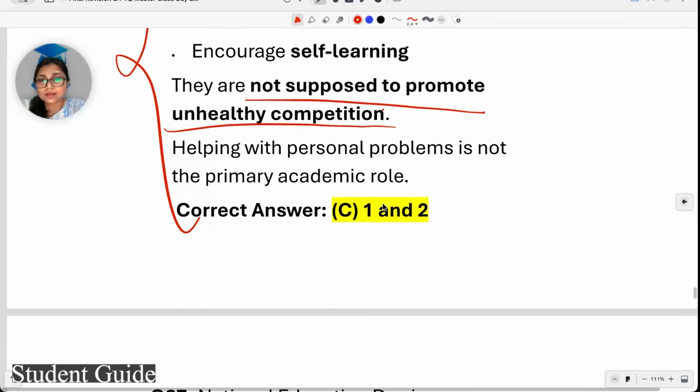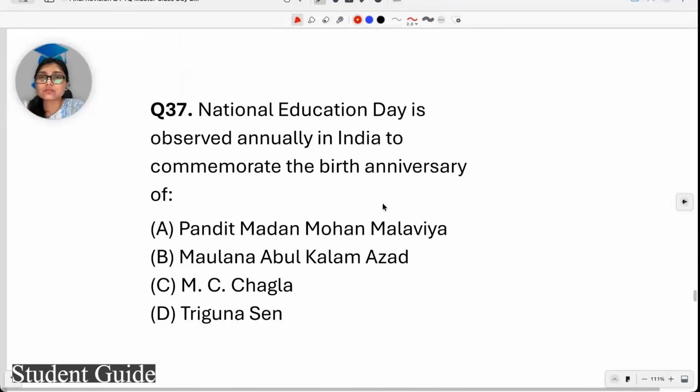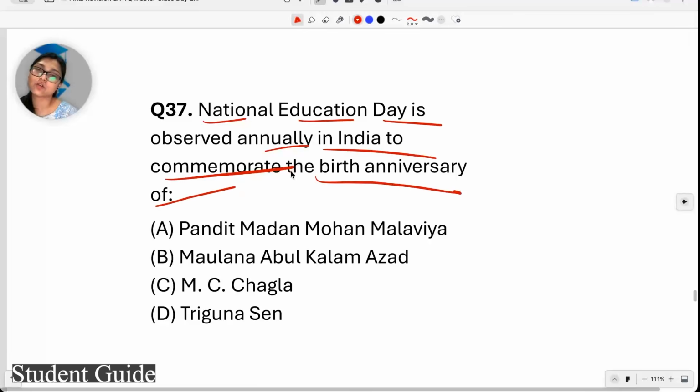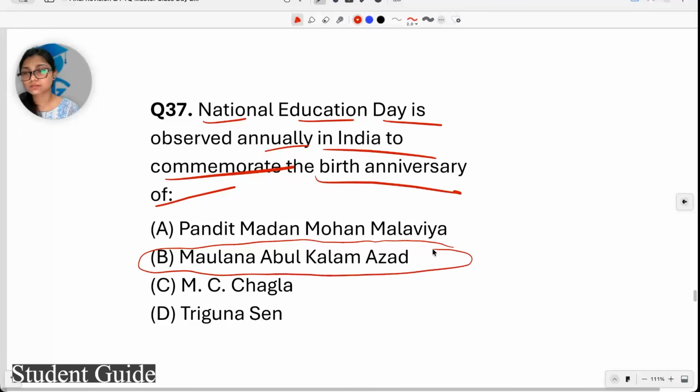Now, question number 7 for today's session. It is asking, National Education Day is observed annually in India to commemorate the birth anniversary of. This person is famous, you already know about him. He was Maulana Abul Kalam Azad.